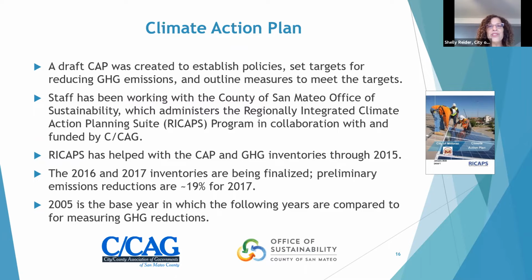I also wanted to share that transportation emissions were reduced by 13% between 2015 and 2017. This had to do with reduced vehicle miles traveled, as well as the use of alternative vehicles like hybrids and electric cars. So everything makes a difference. I wanted to share those preliminary results with you.